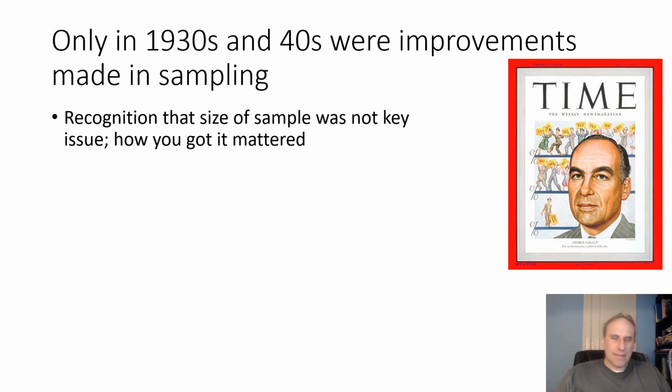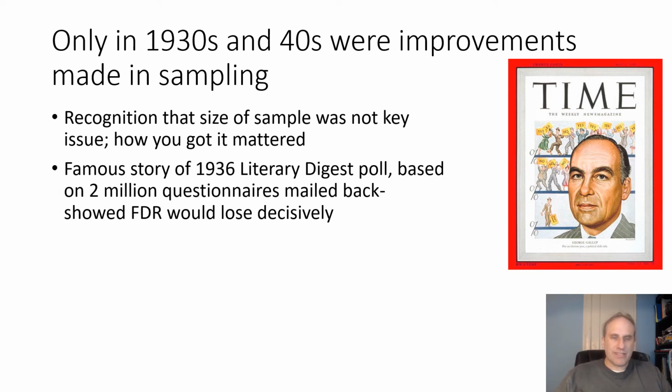One of the things that people got in that period was the recognition that the size of the sample was not the most important issue. How you got the sample was far more important than how many people you questioned. Bigger samples are better than smaller samples, but how you get the sample ended up being more important. He tells a famous story.